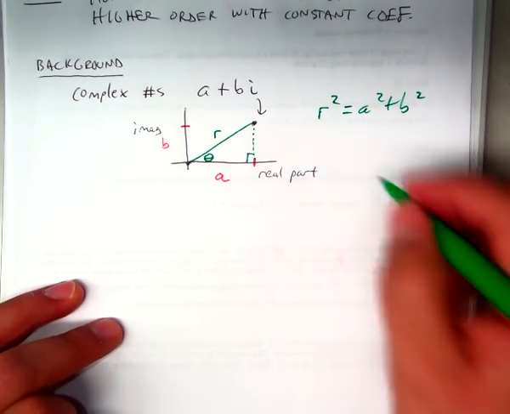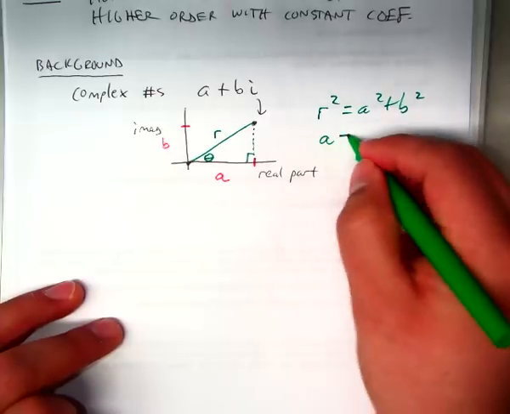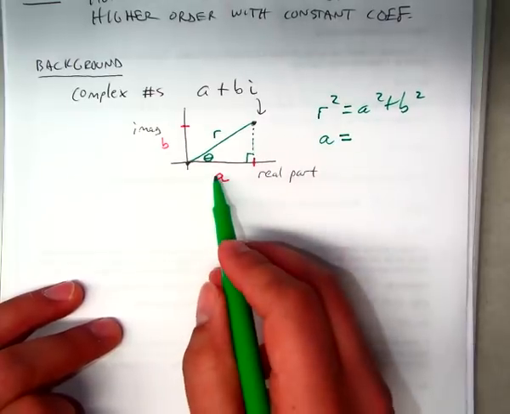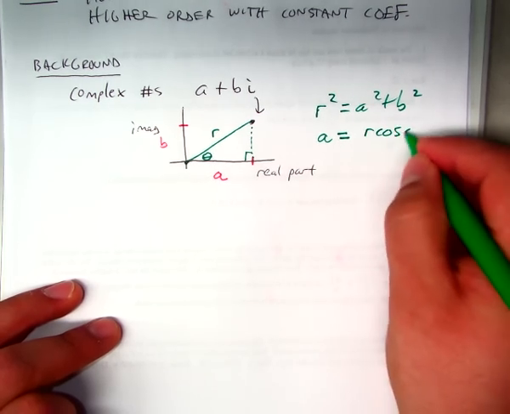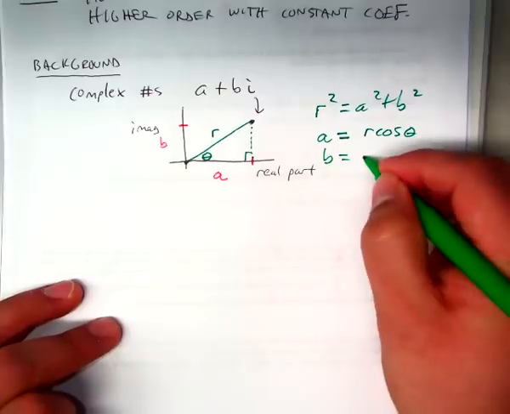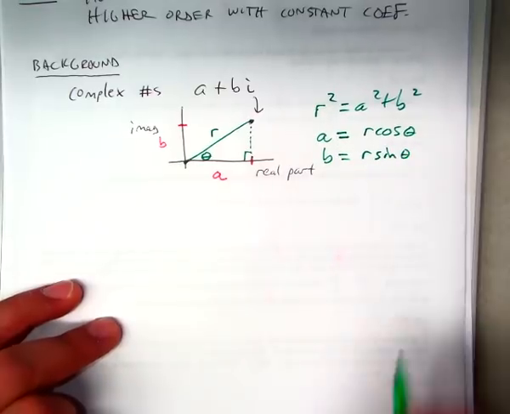A would be what? R cosine theta. So then b would be r sine theta, just using your SOHCAHTOA relationships.